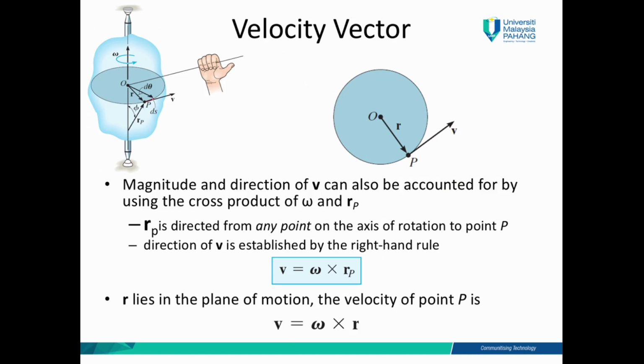The magnitude and direction of v, you can find using the cross product of omega and r.